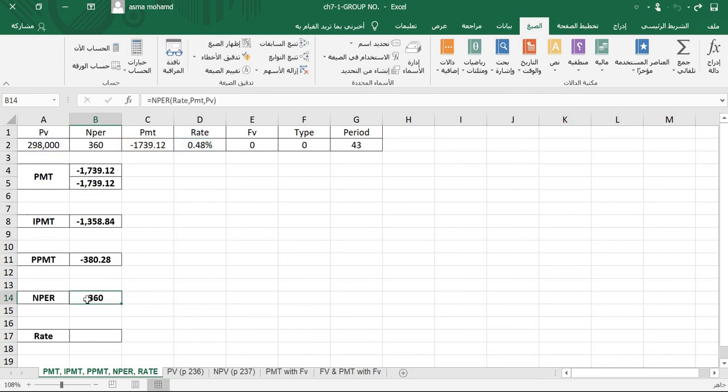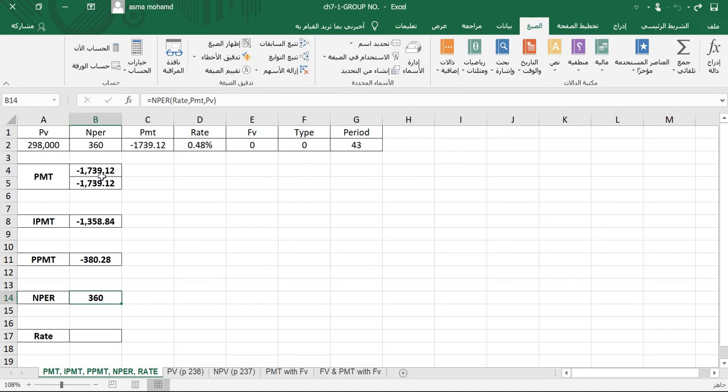Before I move on, I talked earlier about the negative and positive. Make sure when you calculate the number of periods that your PMT and PV have different signs. For example, if this one is minus, this one will be positive.